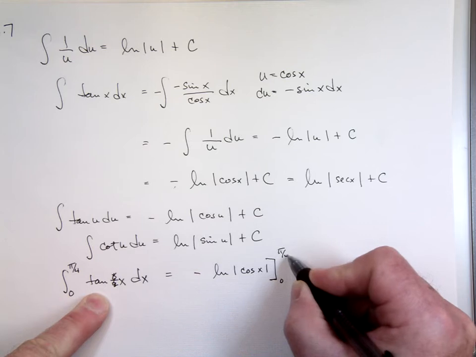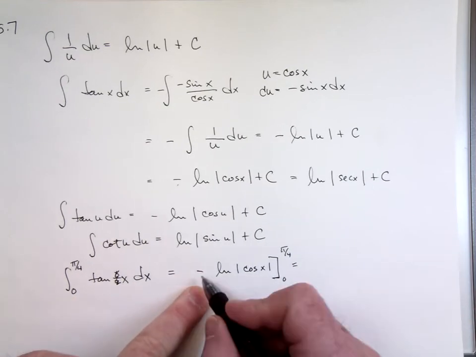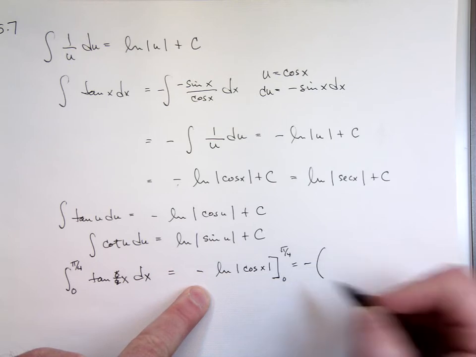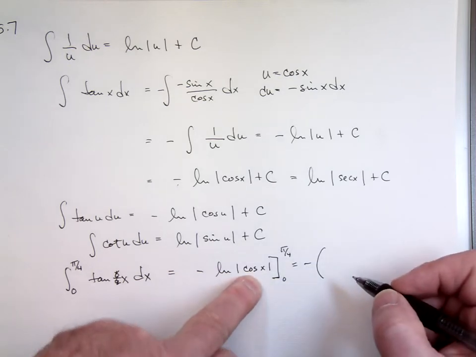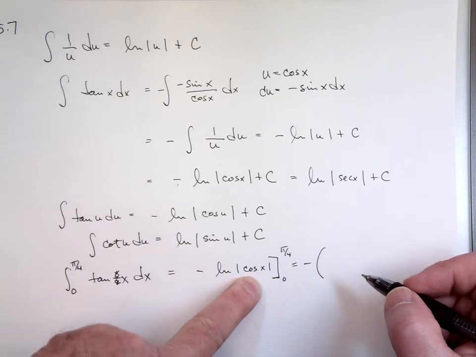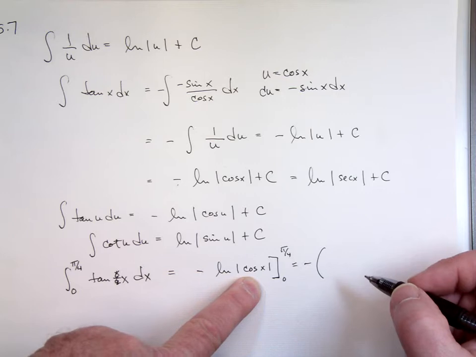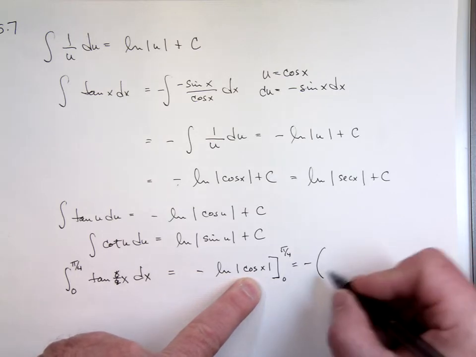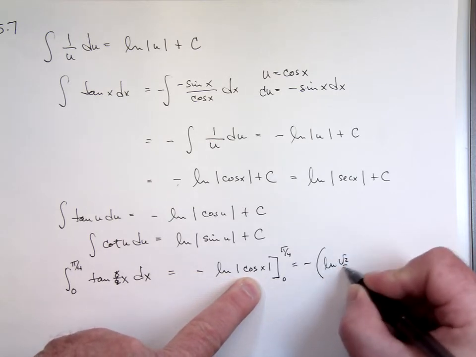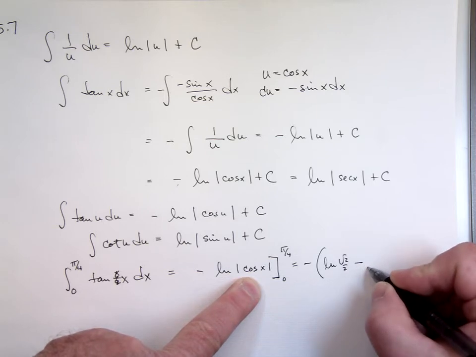This negative you can keep on the outside. Cosine of pi over 4, I would expect you to know that. Thank you. So you get the natural log of square root of 2 over 2, minus cosine of 0, which is 1.